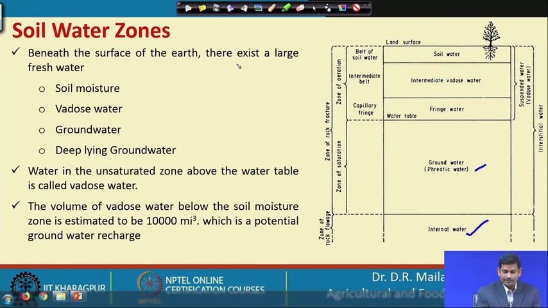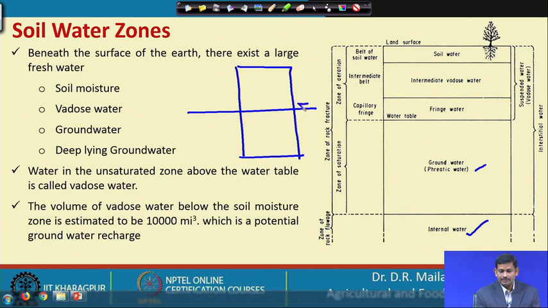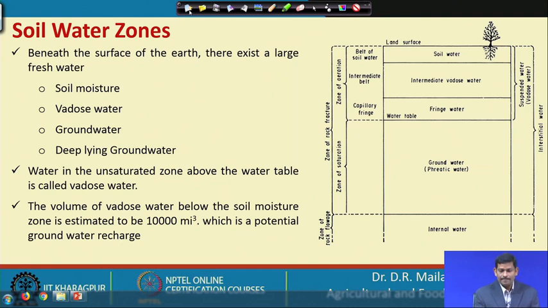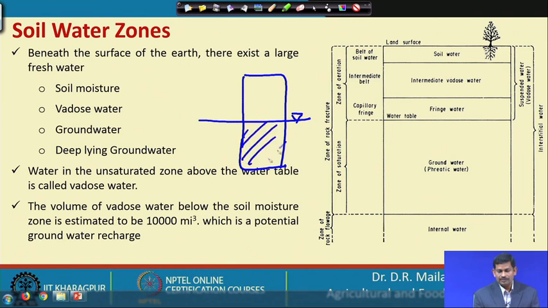If you take a profile like this, generally there is groundwater where the soil is completely saturated. If you dig a hole at this point, you definitely get water. Above this is the surface, and this is the plant.